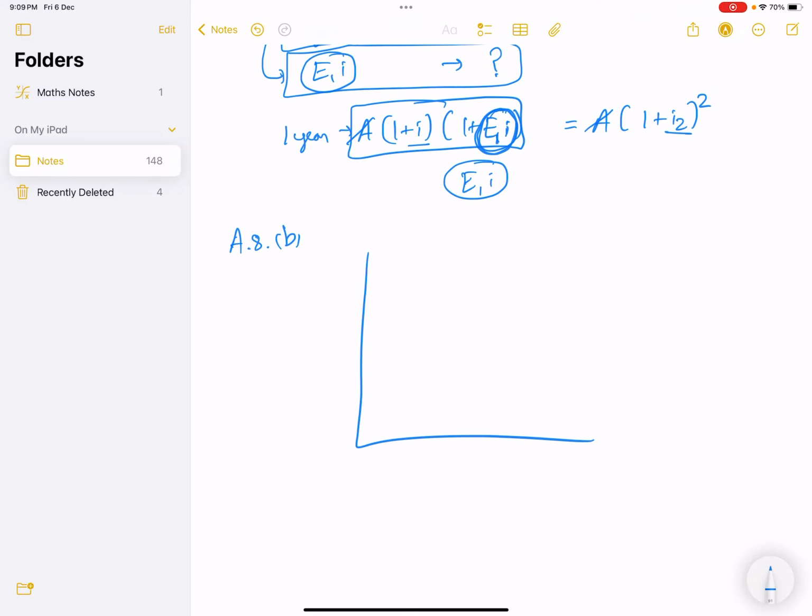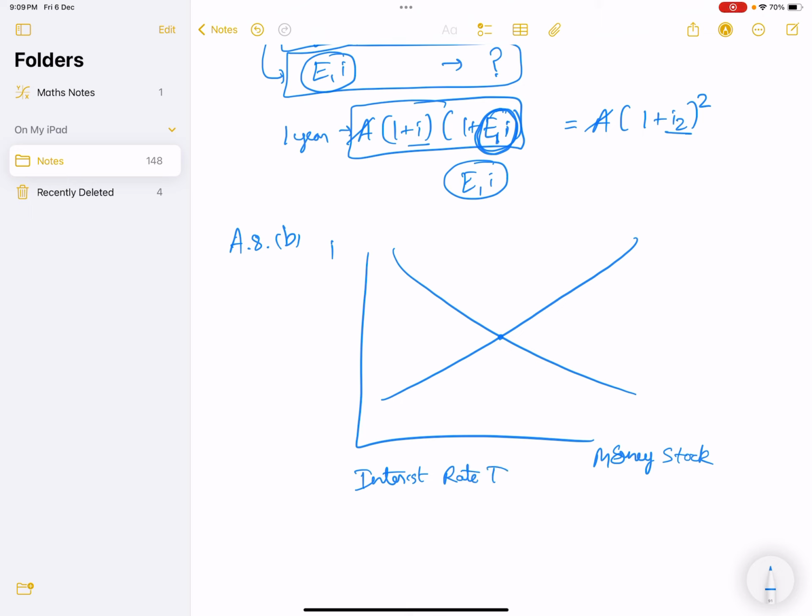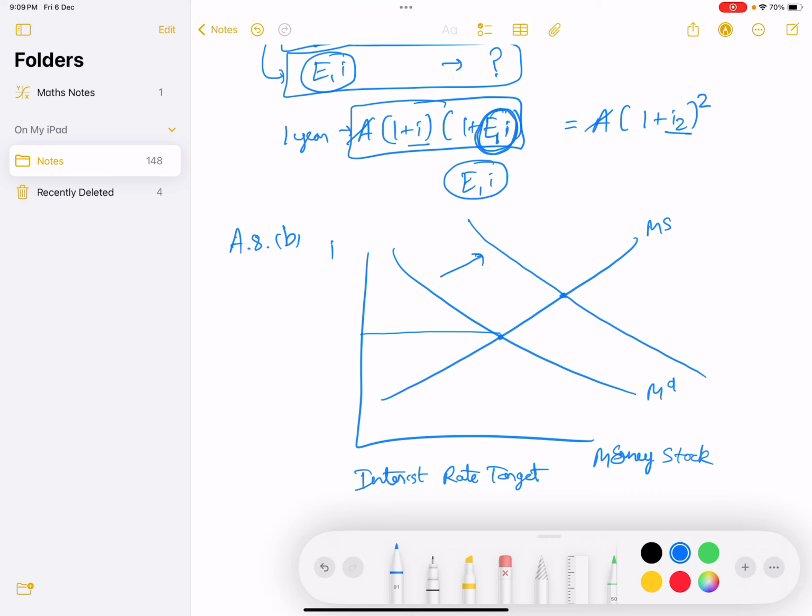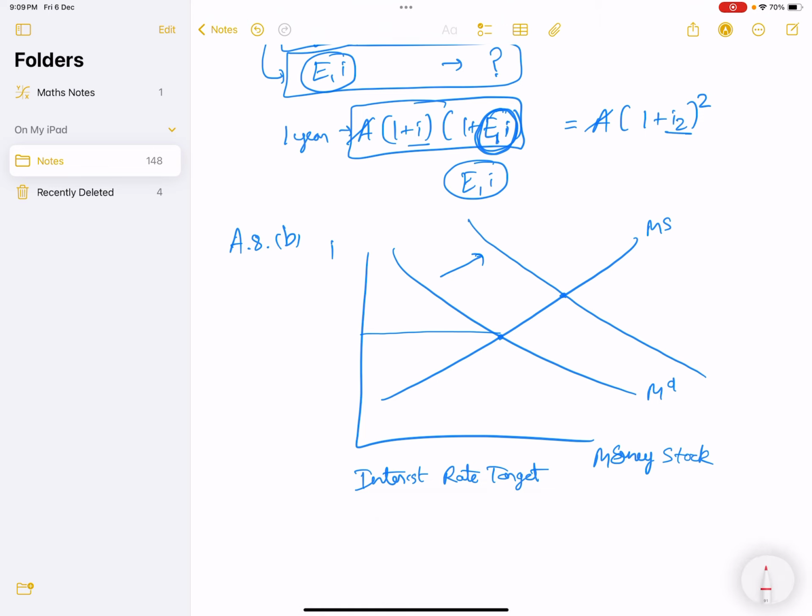So suppose this is money stock and this is interest rate. If we have an interest rate target, this is the money demand, this is money supply. If the money demand increases towards the right, we are far away from the interest rate target. So what RBI can do is increase the money supply.